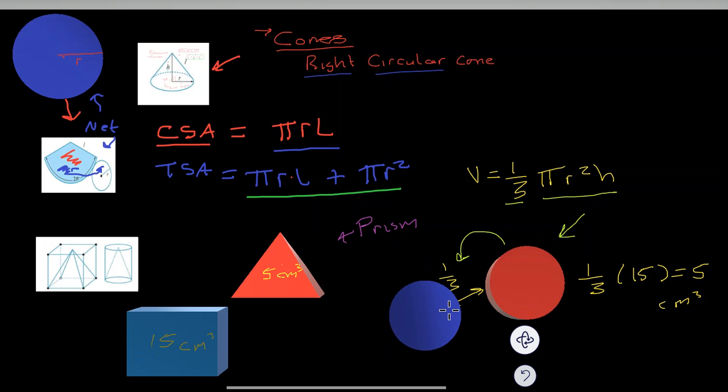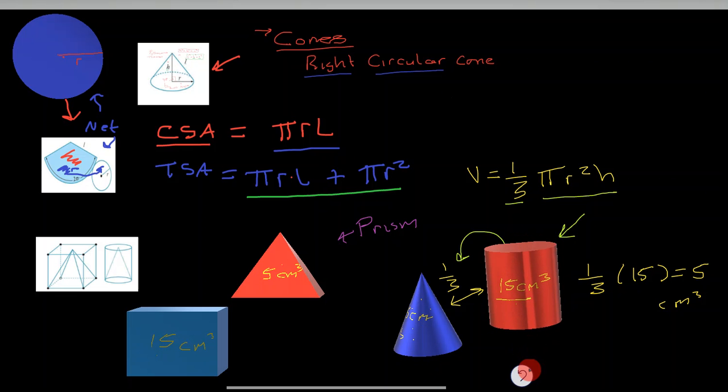Okay, so the radiuses down here are going to be the same as well. So let's say this radius here and this radius here, they're going to be the same. So as a result of that, what that means is that if this is 15 cubic centimeters, then the cone is going to be 1/3 the volume of this, which will be 5 centimeters cubed.